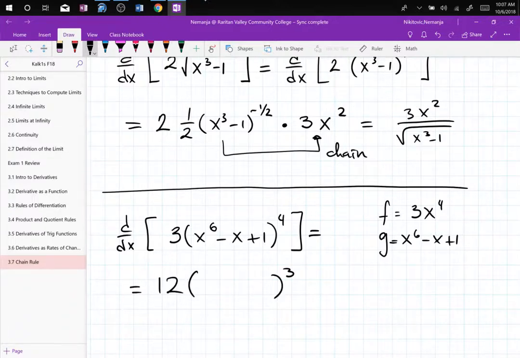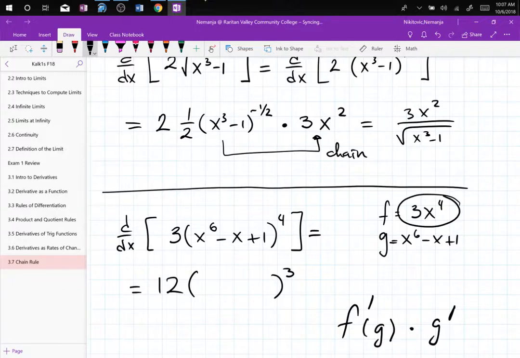I say 12x to the 3, because I'm leaving part here to put the g in. I said x because I'm looking at x, but I left space for g, because the formula is f prime of g times g prime. That's the formula.